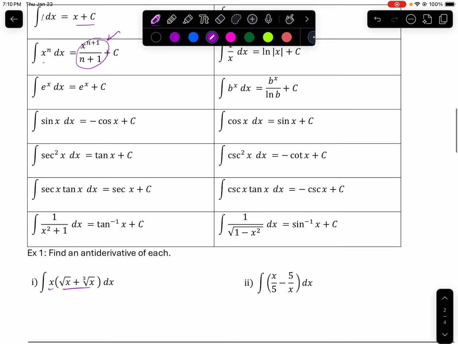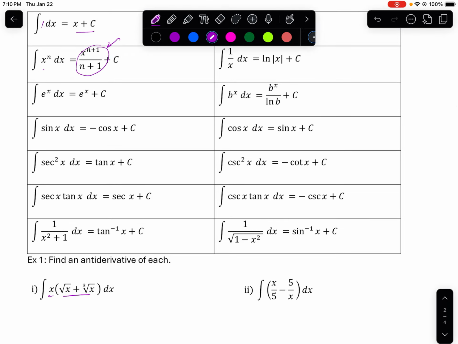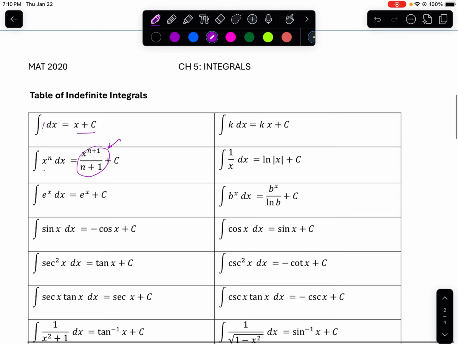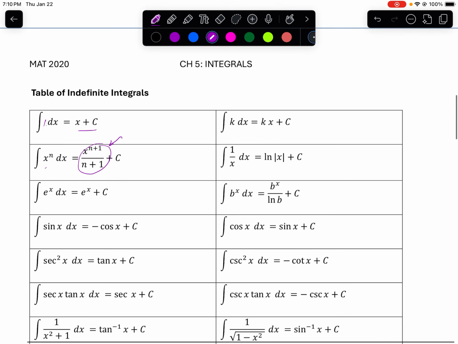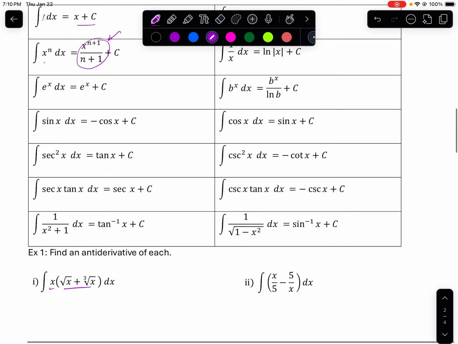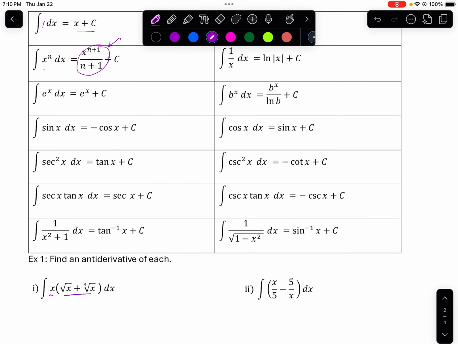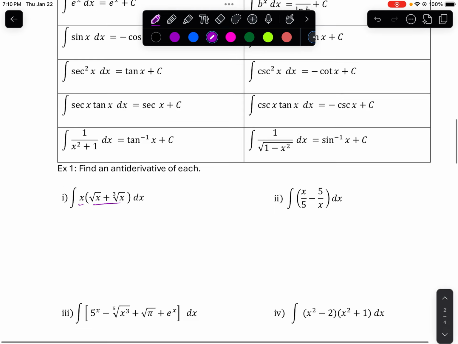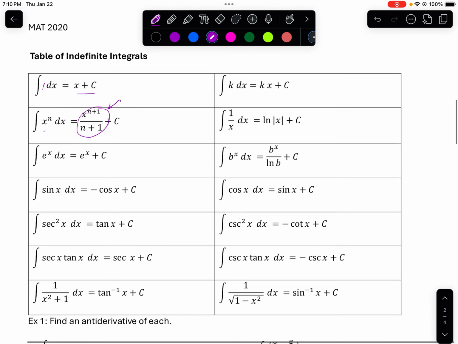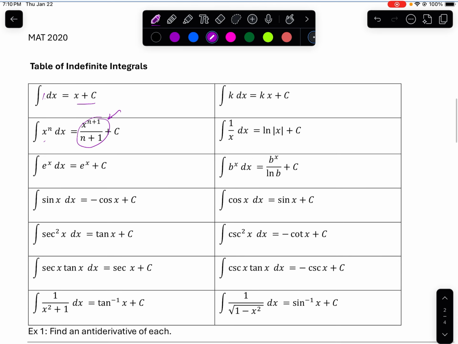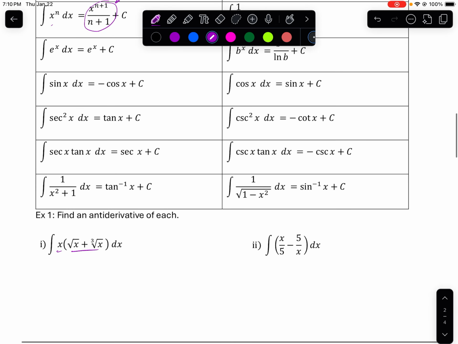Does it look like one of the formulas in the table of integrals? You have to look for whether your integral fits one in the table of integrals. It doesn't, this function. So we have to think about doing it some other way. So what can we do here?